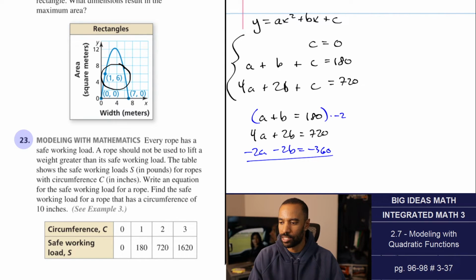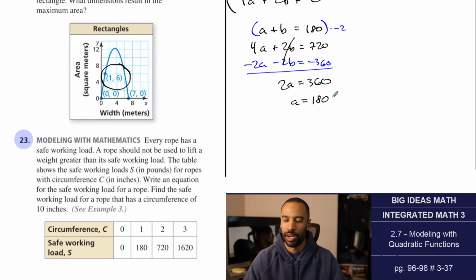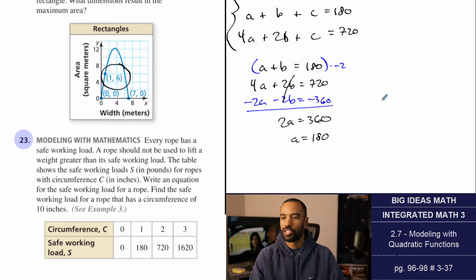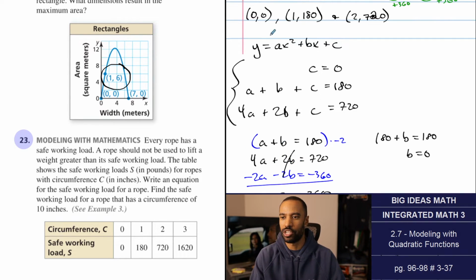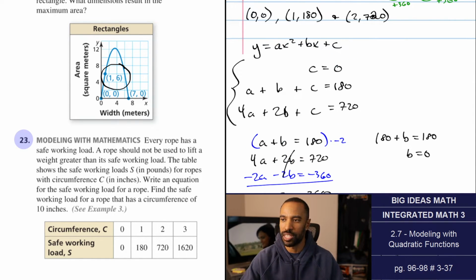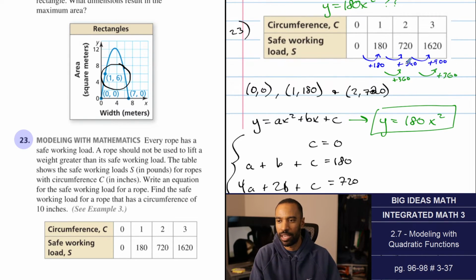So we're going to get, at the bottom of the page, 2a equals 360, so a equals 180. I saw that number before. To solve for b, 180 plus b equals 180, so b equals 0. So yes, indeed the equation y equals ax squared plus bx plus c is going to be y equals 180x squared plus 0x plus 0. So there's the equation we're basing this off of.